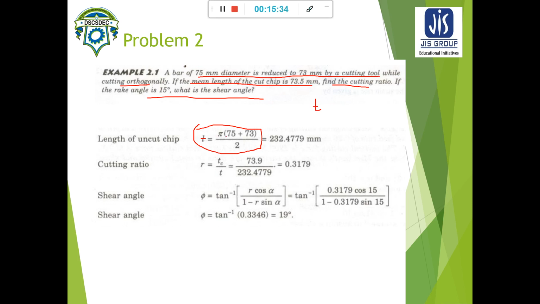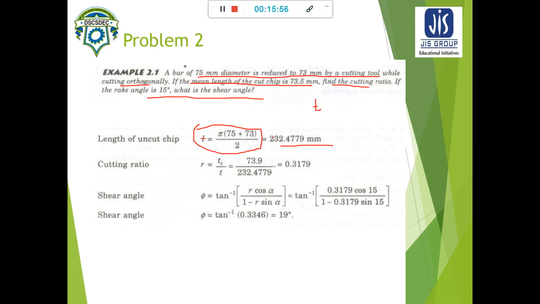So the uncut length is given by pi d initial plus pi d final by 2, that is our 232.4779 mm.